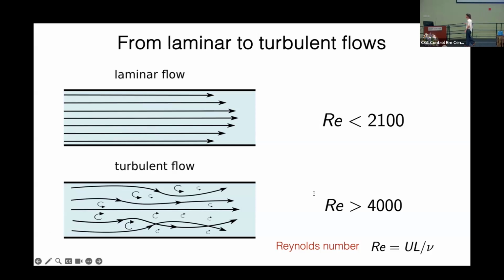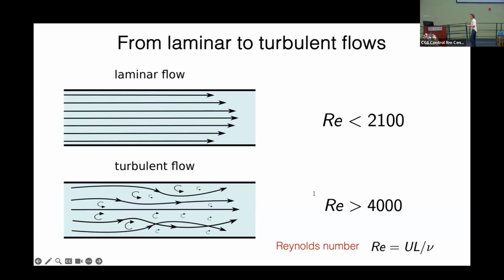The Reynolds number is defined as the typical mean flow velocity, U, times the macroscopic scale of the system, L, in this case the diameter of the pipe, divided by the kinematic viscosity. What he found is that for low Reynolds numbers, lower than something like 2000, the flow was laminar.